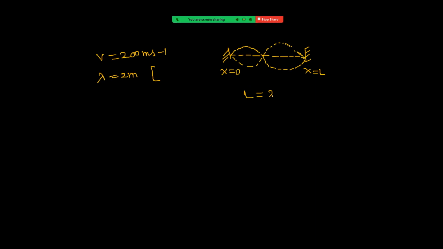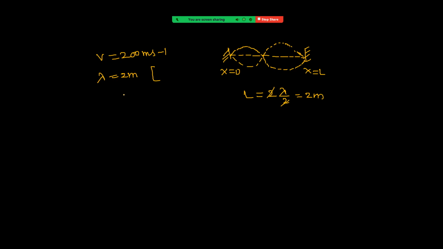So two loops means L equal to 2 into lambda by 2, because node to node separation is lambda by 2. So this is also lambda by 2, 2 lambda by 2. And you are given L value 2 meter. Therefore, lambda value is 2. Okay, right.